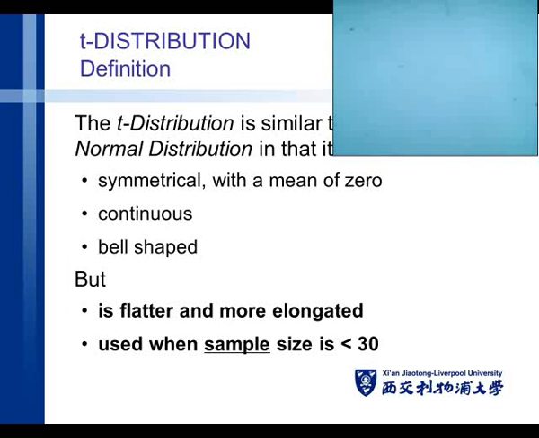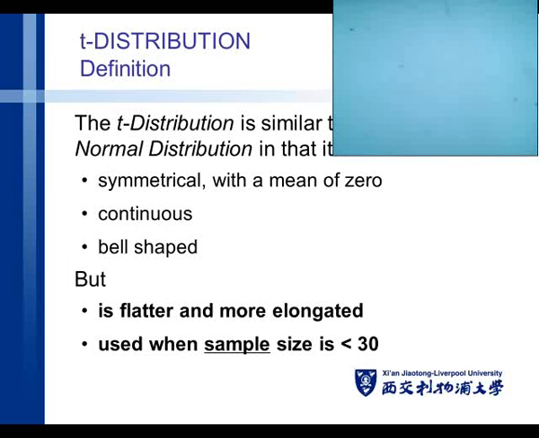And I'm going to look at the t-distribution. Okay? Again, another type of test. So the t-distribution is similar to the normal distribution in the sense that it is symmetrical, it is for a continuous variable, and it is bell-shaped. The difference is that it is flatter and more elongated.